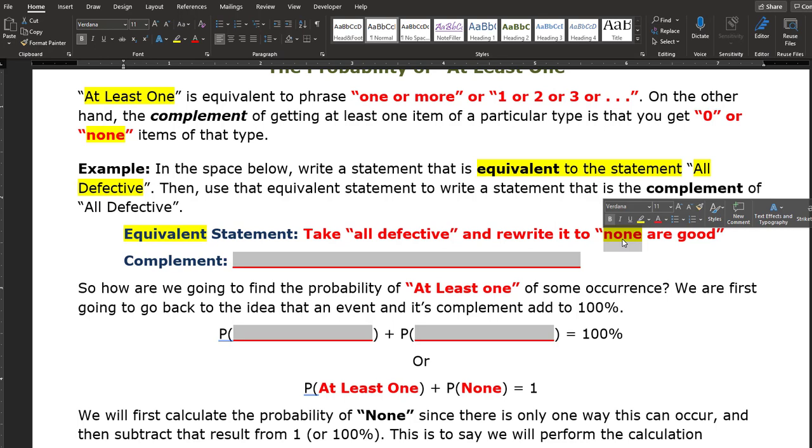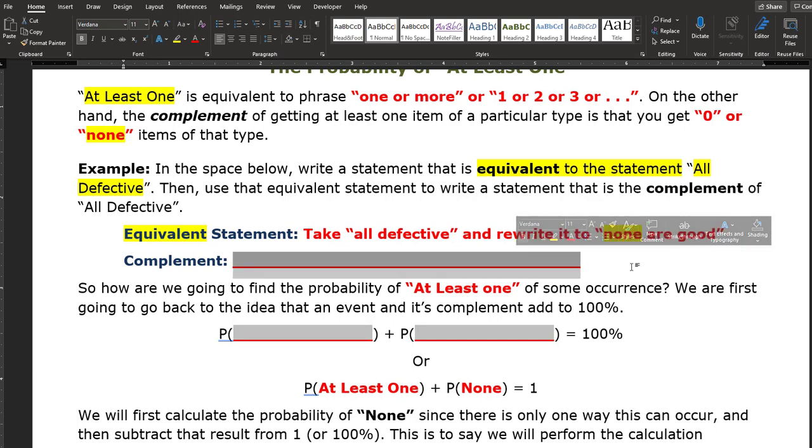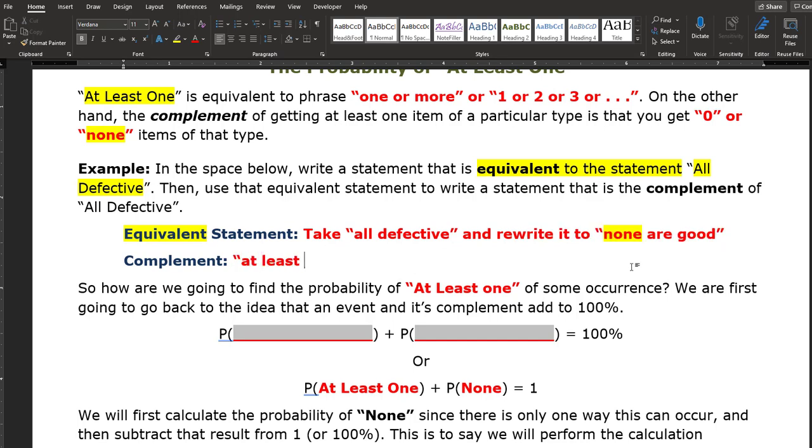What's going to be the rest of it? Well, it'll be everything that's 1, 2, 3, 4, 5, 6, 7, so on and so forth. You could have 1 being good, 2 being good, 3 being good. That is at least 1 good. So one of the first things that you're going to actually be involved with doing is figuring out how do you incorporate this word like none or at least one. How do you incorporate those words into phrasing?